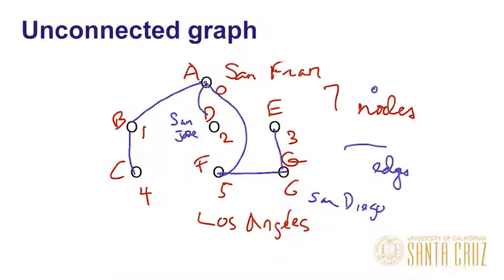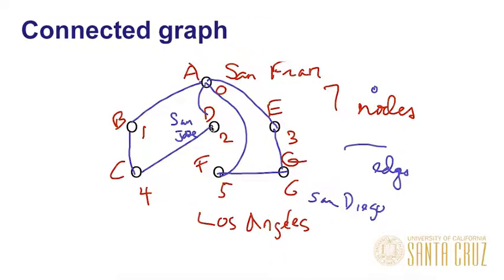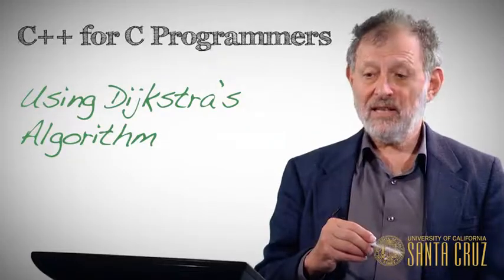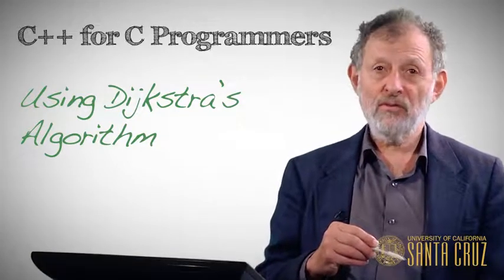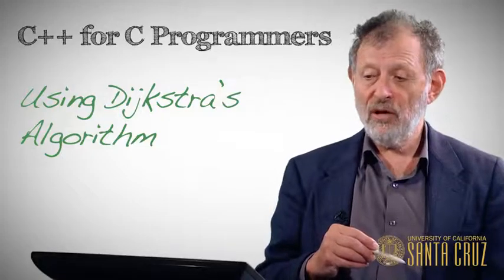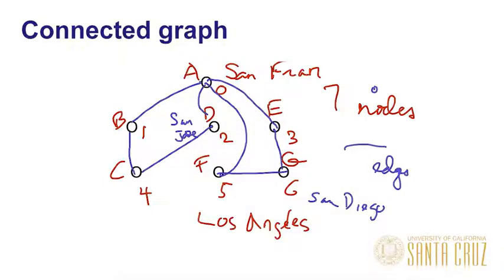Now, I'll draw a few more edges. If you look at this connected graph, the reason it's connected is I can find a path between any two of the cities, any two of these nodes, or another term for nodes is vertices.